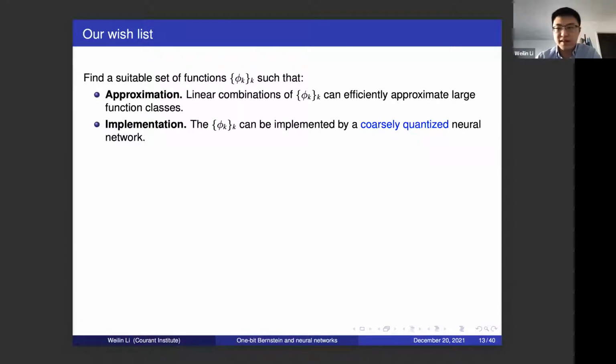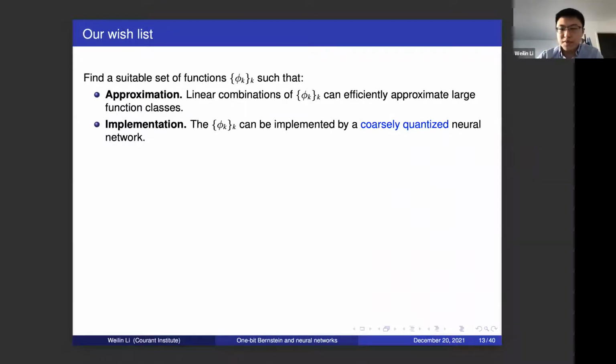The first is that they have to be rich enough, in the sense that linear combinations of these phi's can efficiently approximate large function classes, like wavelets and local polynomials. The second requirement is that they can be implemented by a coarsely quantized network.